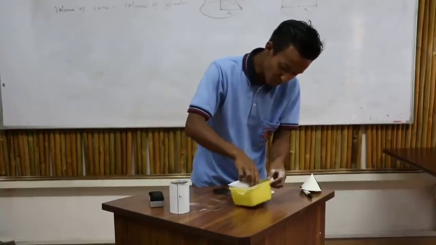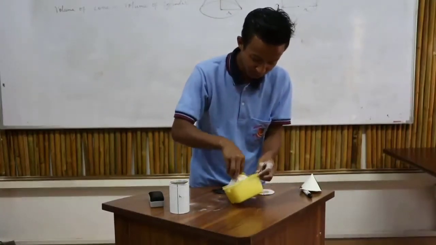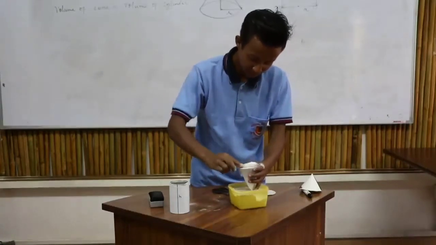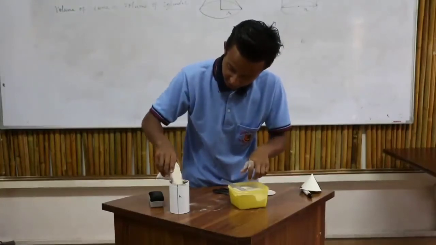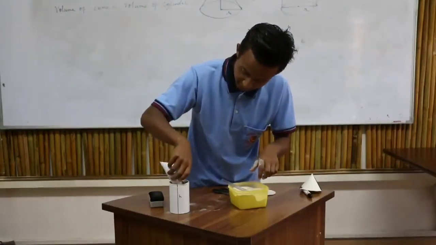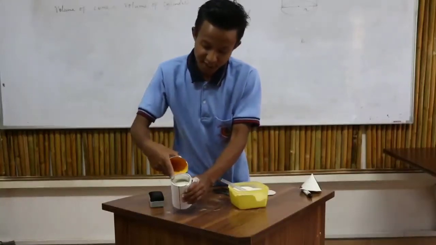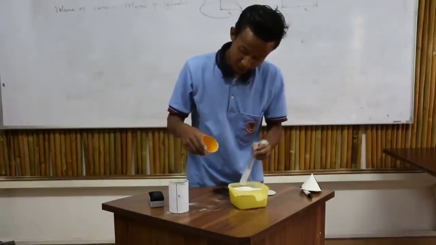So I will add some more powder, a full cone of powder. Again, I will fill it here in the cylinder. The space is not fully occupied, so I will add some more.